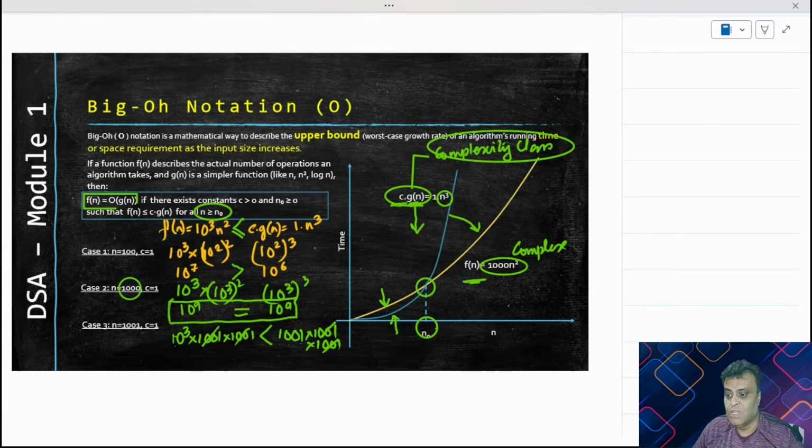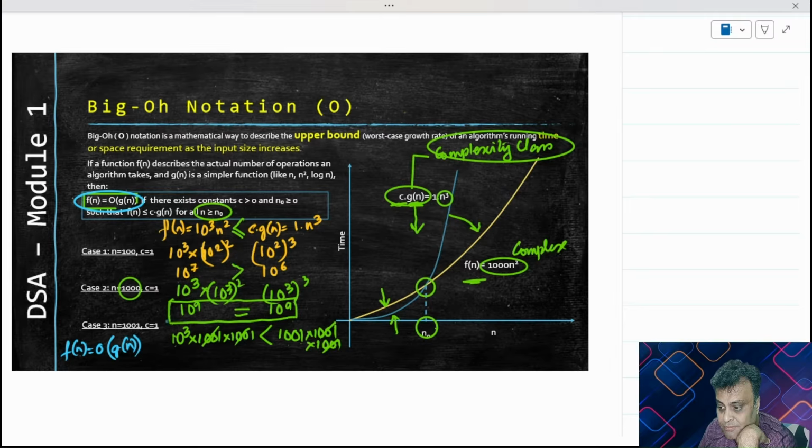We found out that there is an equation called c dot gn which satisfies this at a value of n equal to 1001. So if it satisfies this at a value of n equal to 1001, then we can definitely say this. That is, my Fn is equal to order of Gn.